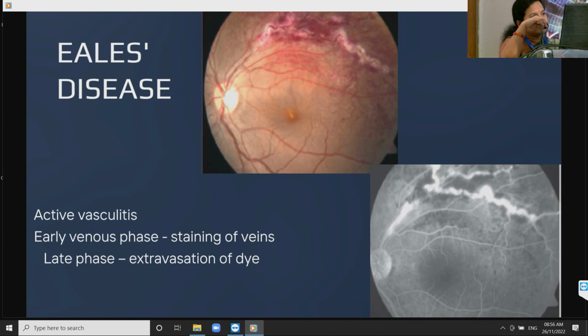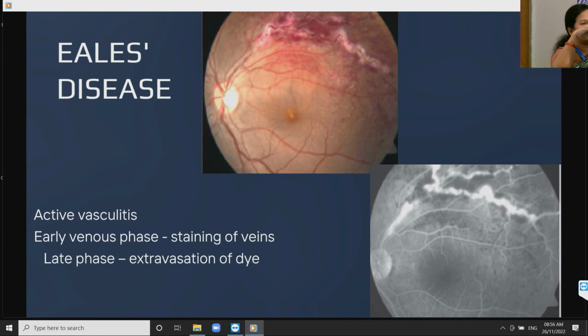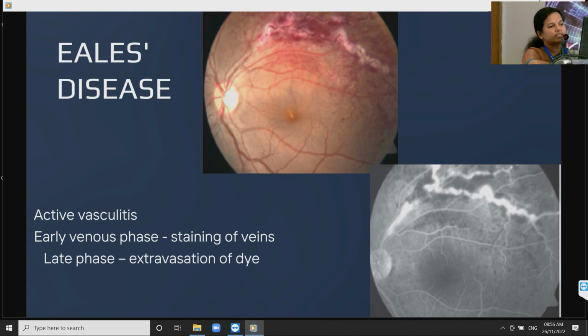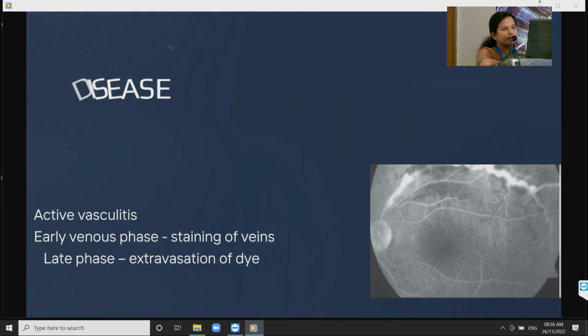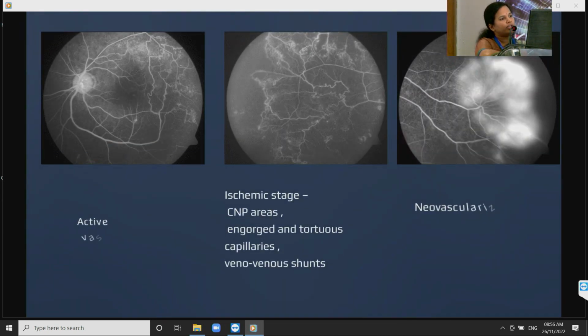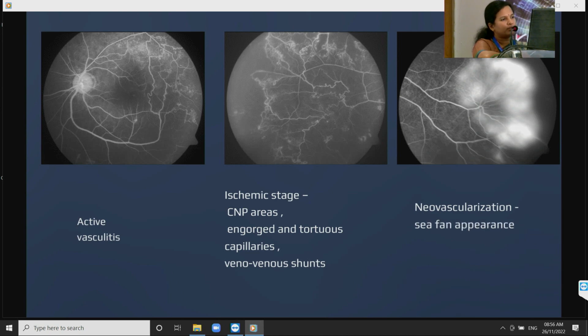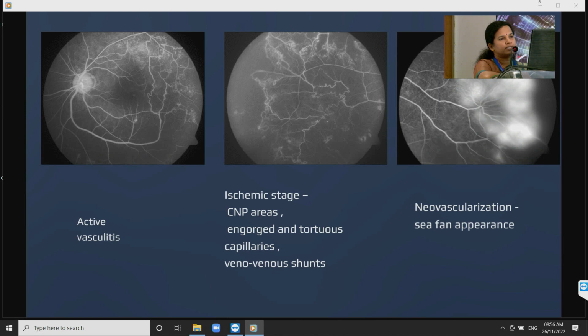In Eales disease, in the active vasculitis phase, the early venous phase shows staining of veins with extravasation of dye in the late phase. We can classify it into different stages according to FFA: active vasculitis phase, ischemic phase, and neovascularization phase.